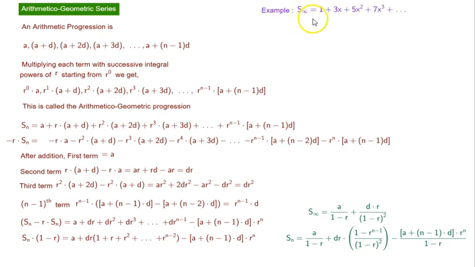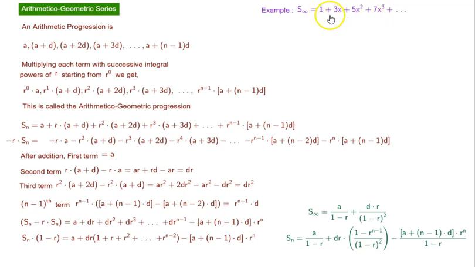So we have s sub infinity is equal to 1 plus 3x plus 5x square plus 7x cube plus and so on. It goes on up to infinite number of terms. Now here, what is a? A is 1. What is d? D is the common difference in the arithmetic part of the progression. So we have 1, 3, 5, 7.